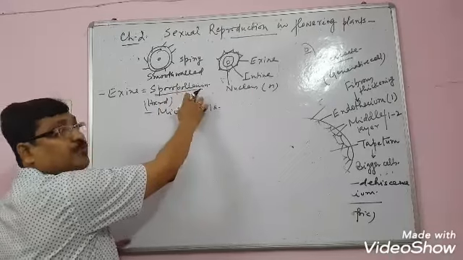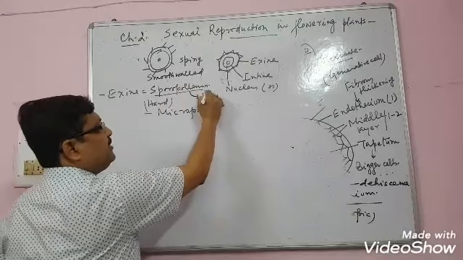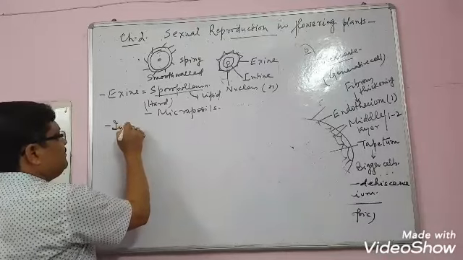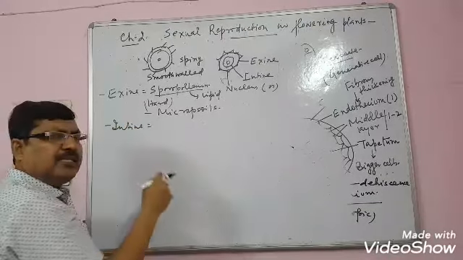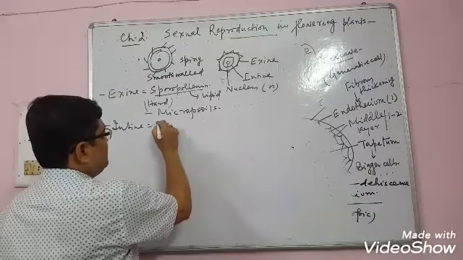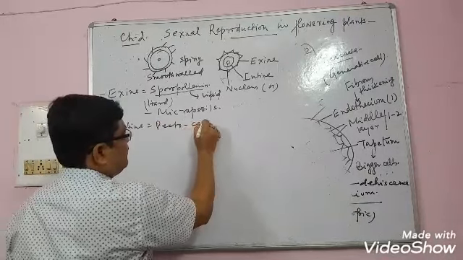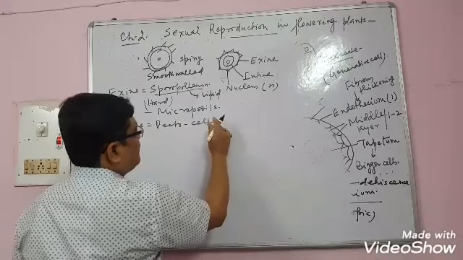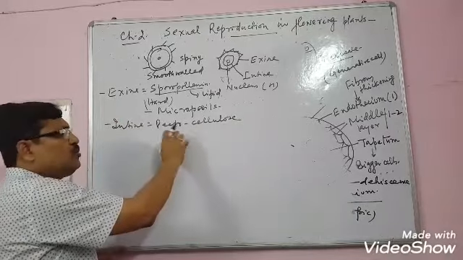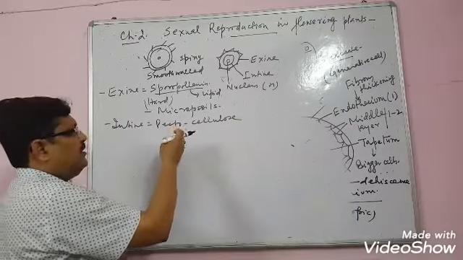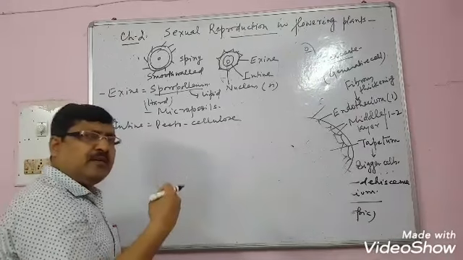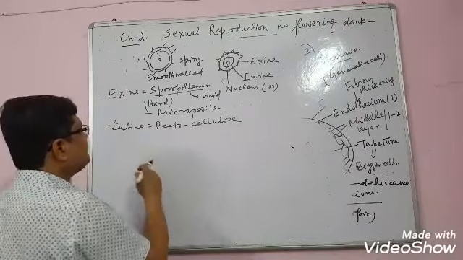And this sporopollenin is mainly lipid. Clear? Now intine, this is composed of pectocellulose. Pectocellulose. So it is easily degradable and it will absorb the moisture also.